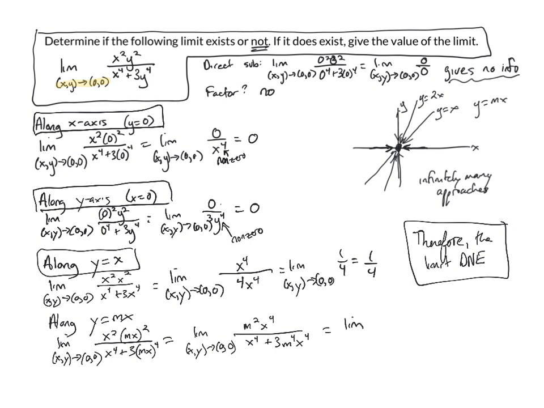And I can actually pull out the x to the 4th as a common factor in the denominator, and I'm left with 1 plus 3m to the 4th. So let's think about what this gives me. M, remember, is a stand-in constant. We're assuming that it's not 0, or then we're back to one of the along the axis examples.